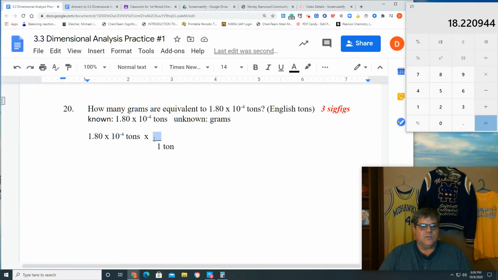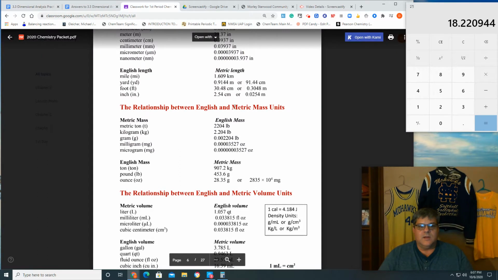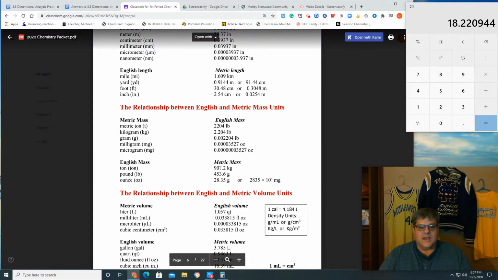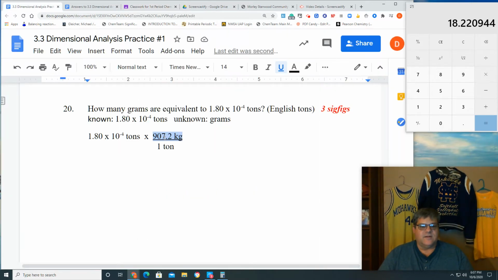So that's going to equal 907.2 kilograms. Again, one of the things I always have to do is make sure that I did it right. So here is our ton, 907.2. I go back under here, 907.2. There we go.